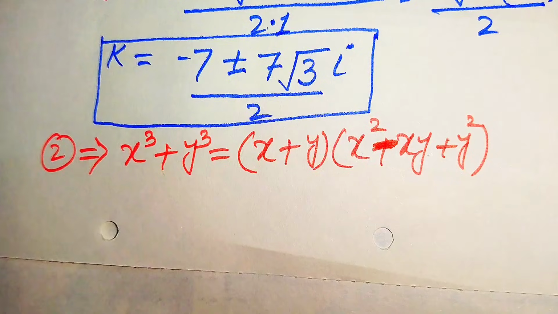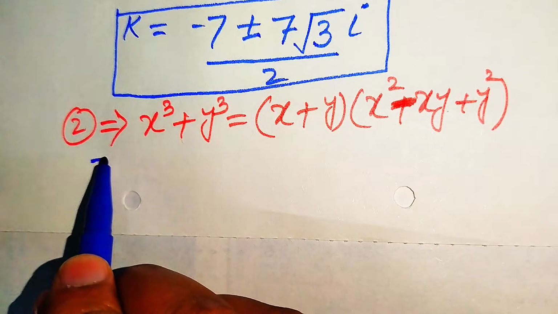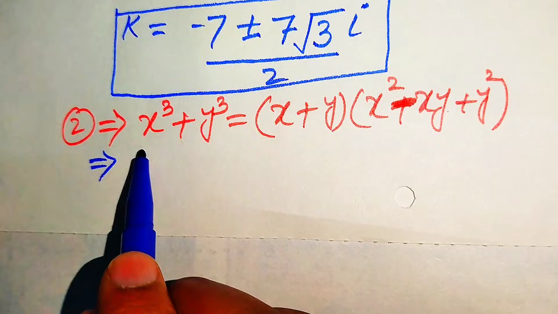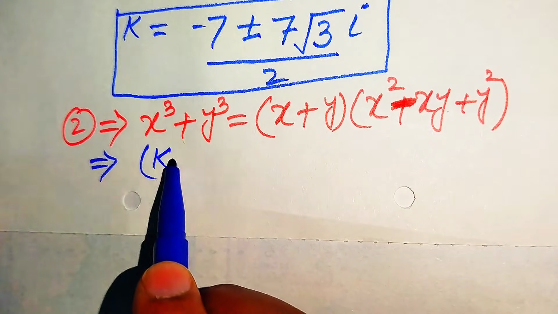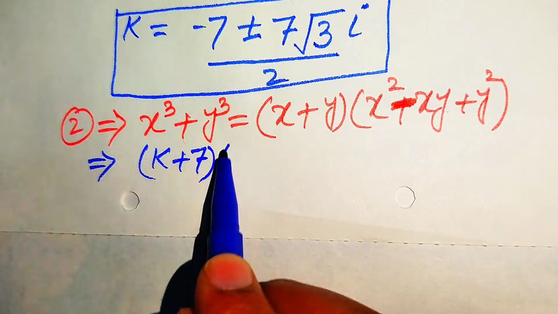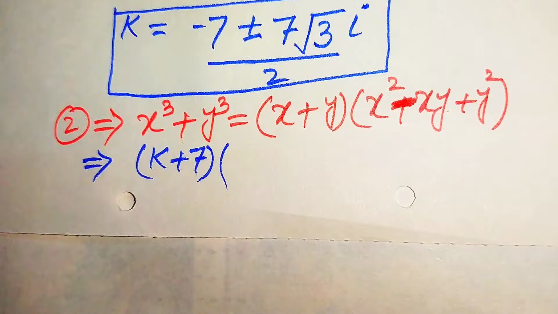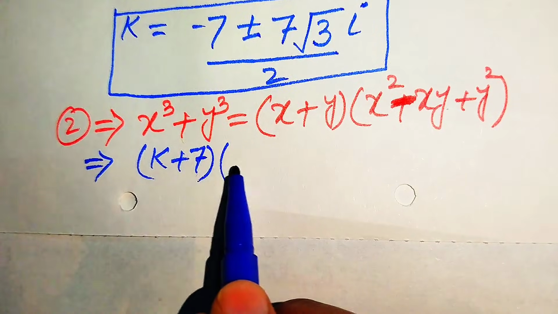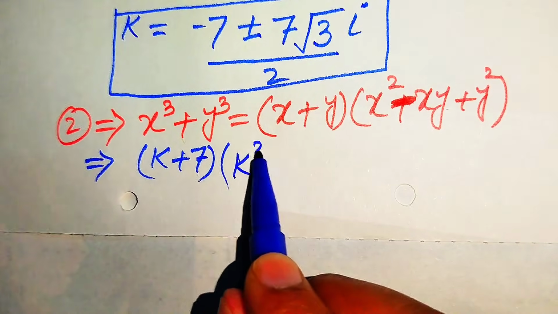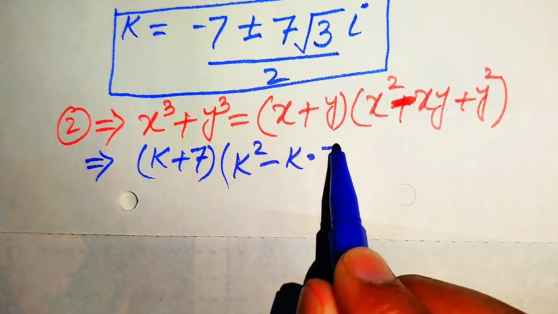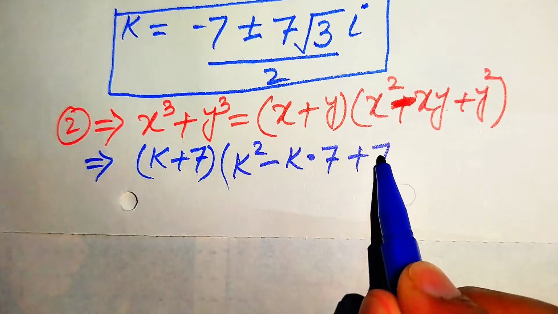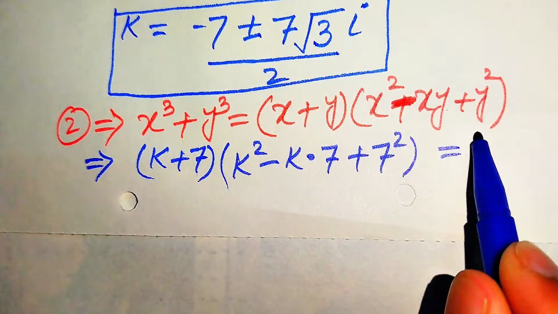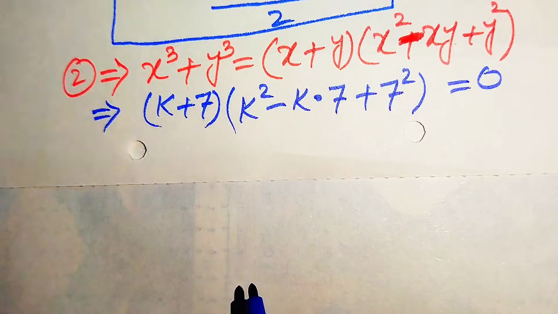After applying this cubic formula in equation number 2, it will be written as k plus 7 times k square minus k times 7 plus 7 square, and this whole equation is equal to 0.